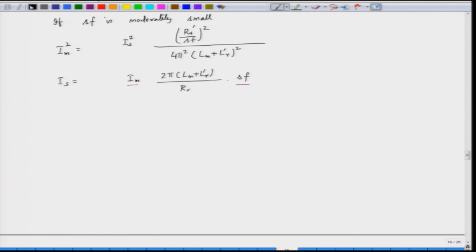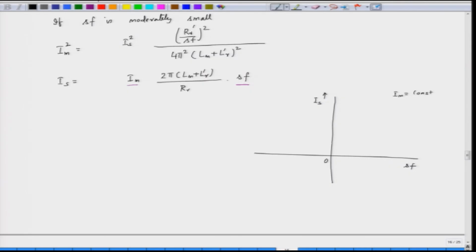So, if we draw the relationship between the slip frequency and the stator current, RMS value of the stator current, we find that if Sf is very small, Is is constant, the same as Im, and this is for Im kept constant.